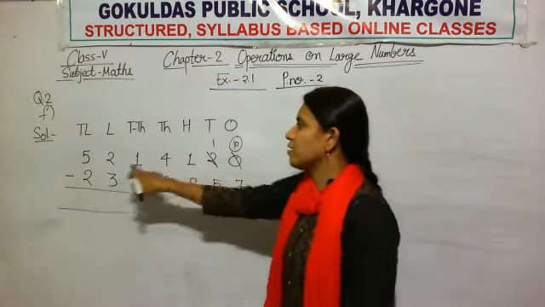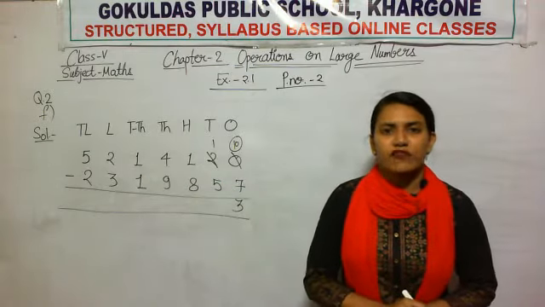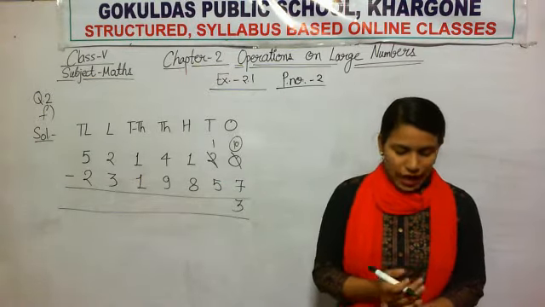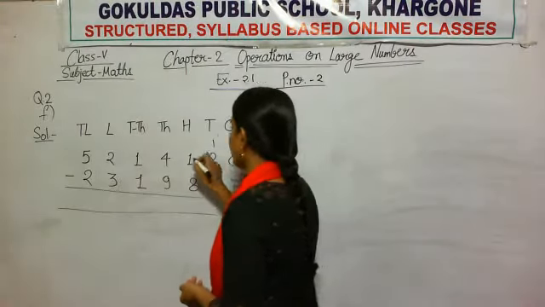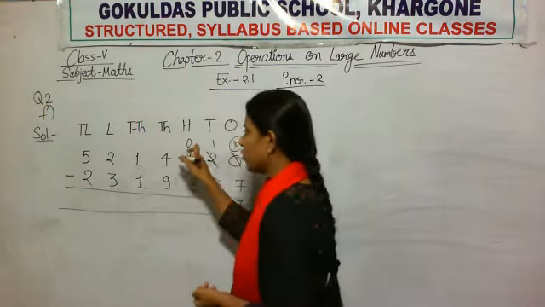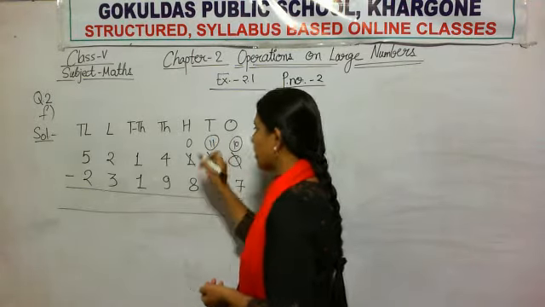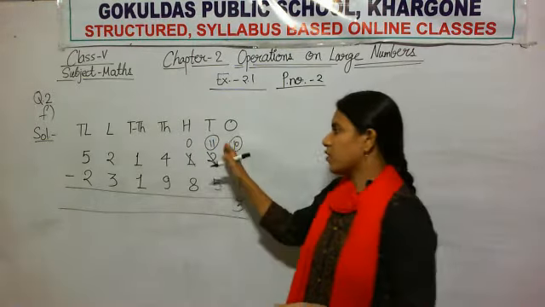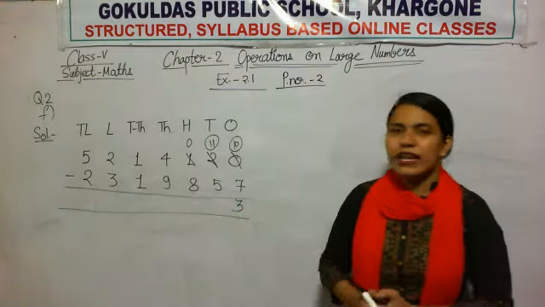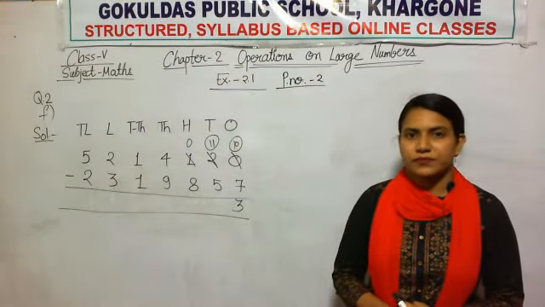1 minus 5. You cannot subtract 5 from the 1. Then what do you have to do? Take the borrow. So here 0 is left. If you give 1 to it, it becomes 11. Now solve 11 minus 5. How much?